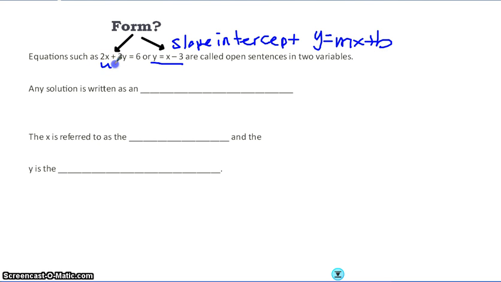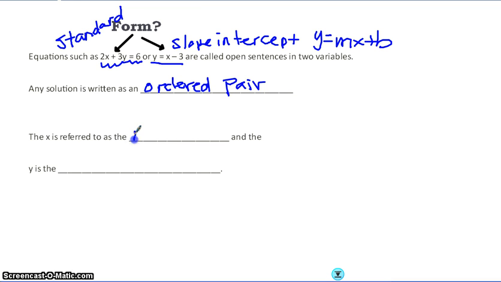The second form here, where x and y are on the same side, is actually called standard form. And we are going to get very familiar with standard form. Most of you should be used to y equals or slope-intercept form. Standard form might be a little bit new. Either way, if you have a solution, it would be written as an ordered pair.